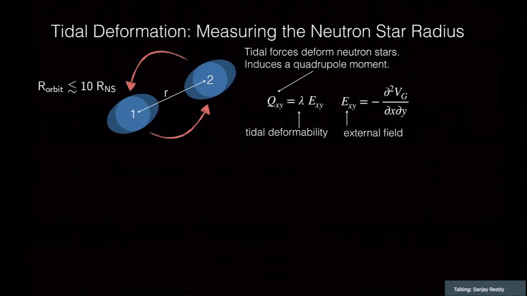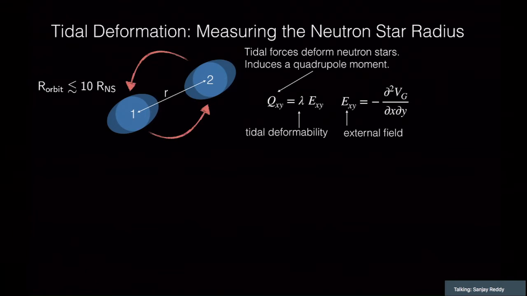In the same way, this is a tidal deformability. You can think of it as the quadrupole polarizability of a neutron star. It's a fundamental property of a neutron star, just like the mass and the radius are. So the tidal deformability is telling us something about the structure of the neutron star.